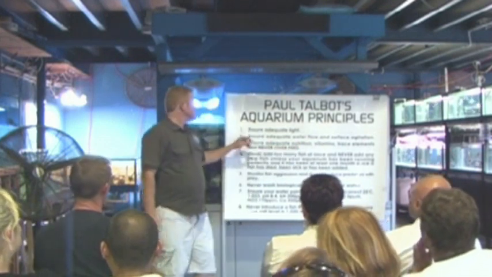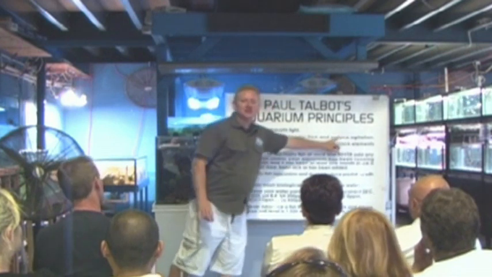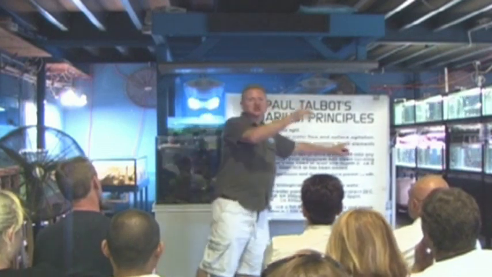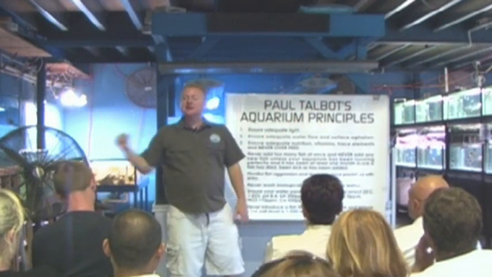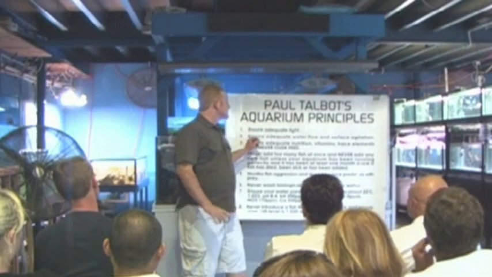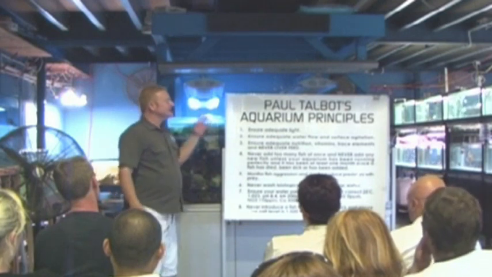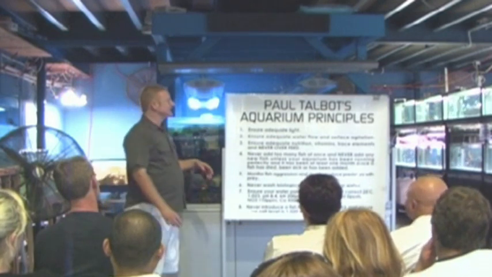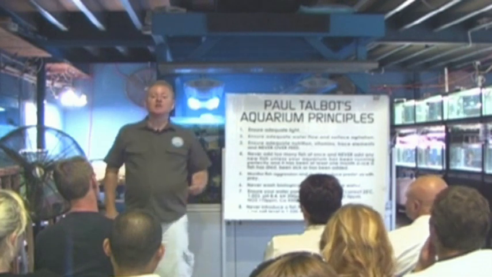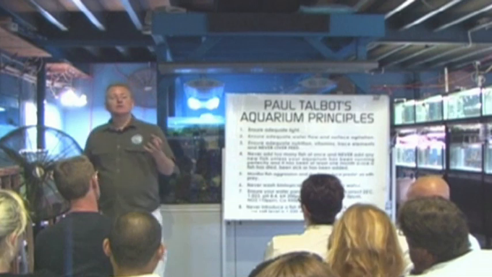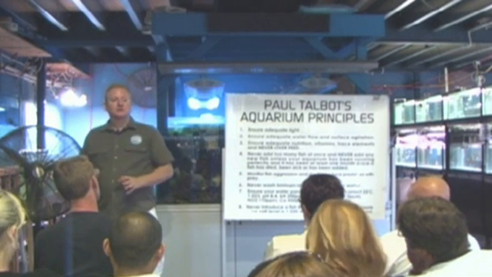So the point is to ensure adequate water flow and surface agitation. So we understand surface agitation, we understand we want the whole surface to be agitated. And remember how I was saying before about lighting, that it's basically just a game. Some corals like lots of light, lots of water flow, other corals don't need so much water flow.